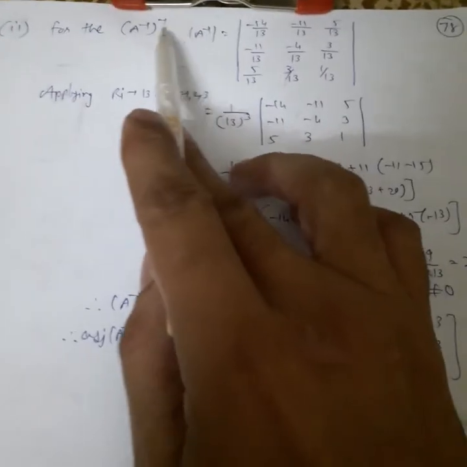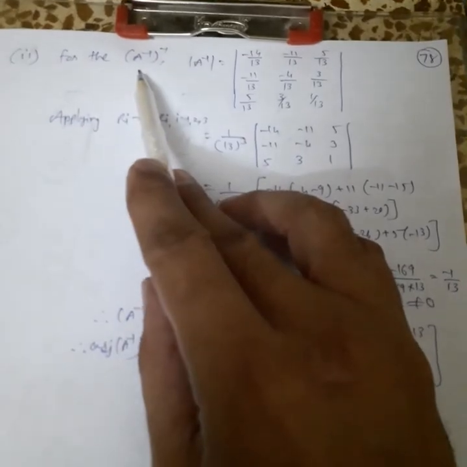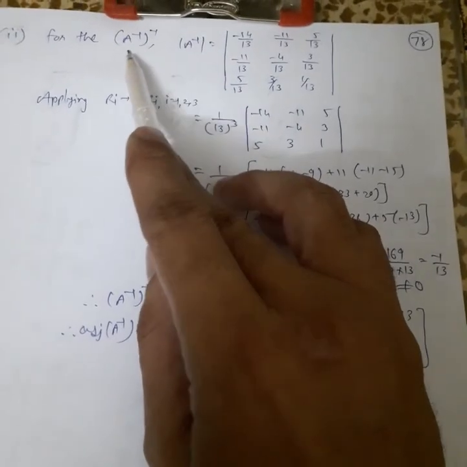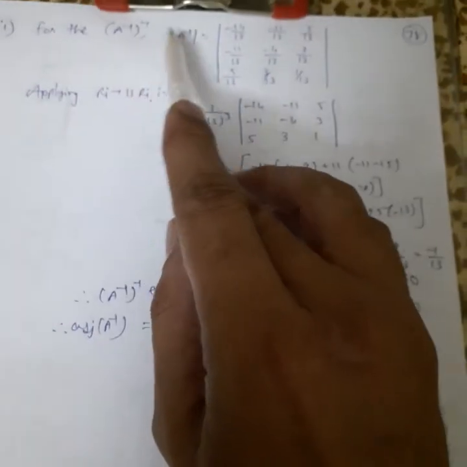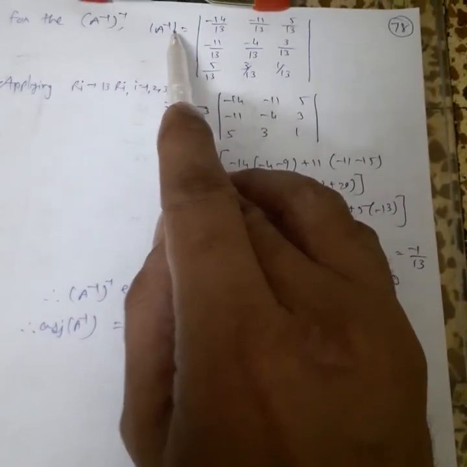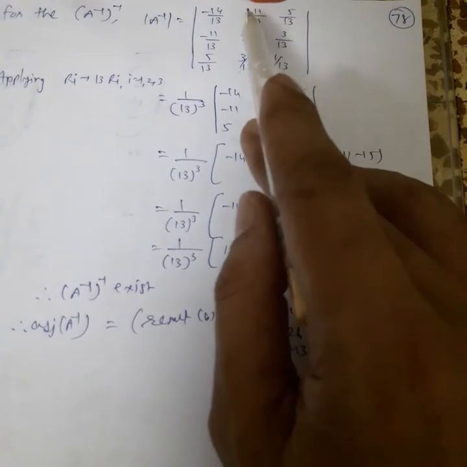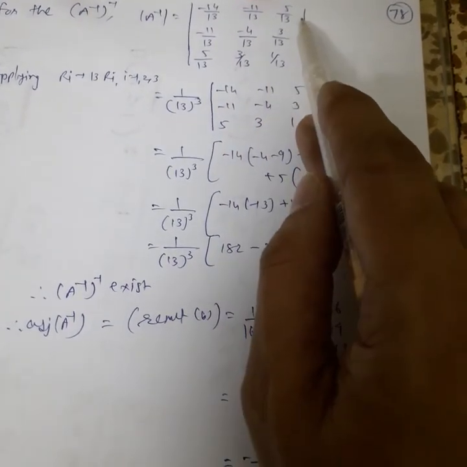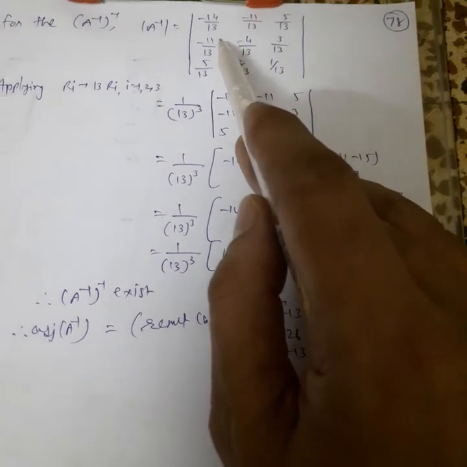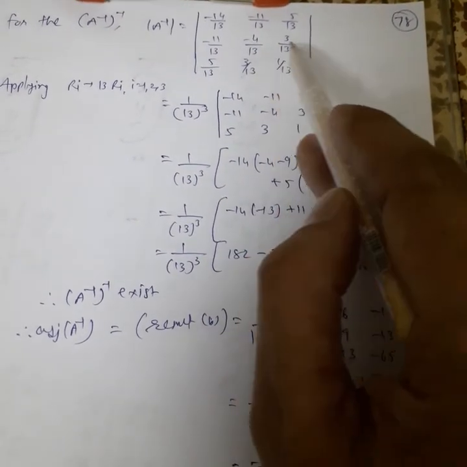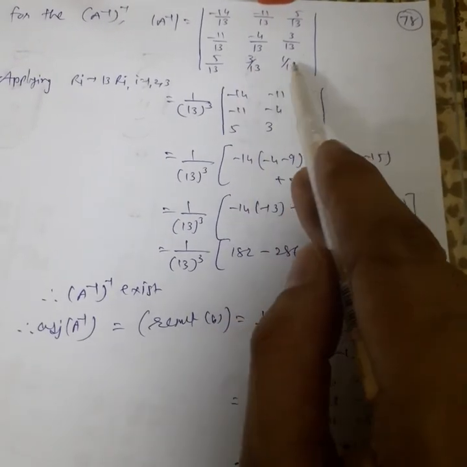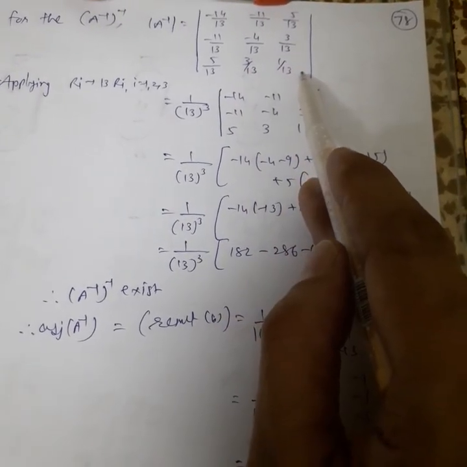Now for the inverse of the inverse of A, we have to prove that the inverse of the inverse of A equals A. So here we have to find the inverse of A inverse. First we have to show that the determinant of A inverse is not equal to 0, and we have the elements of A inverse, which are minus 14 by 13, minus 11 by 13 and 5 by 13 as elements of the first row, minus 11 by 13, minus 4 by 13, 3 by 13 as the elements of the second row, and 5 by 13, 3 by 13 and 1 by 13 as the elements of the third row.